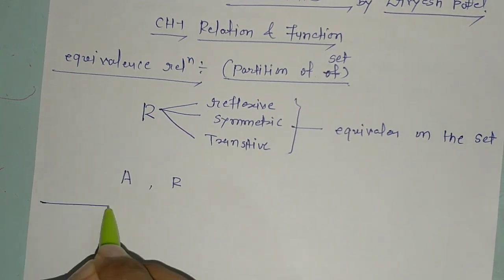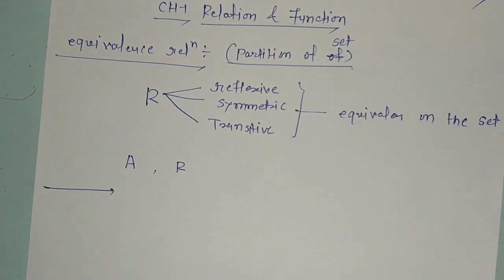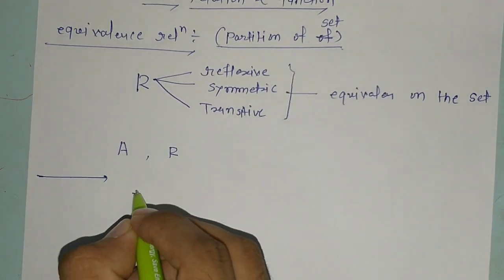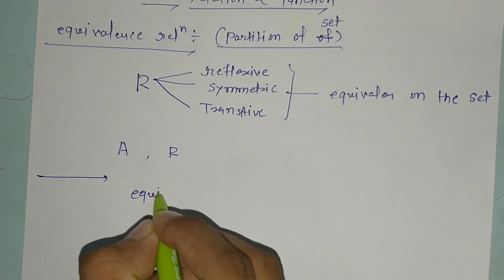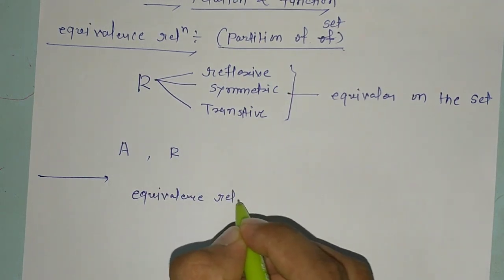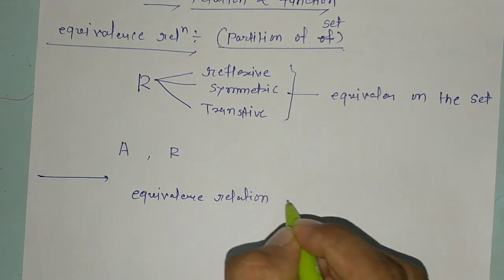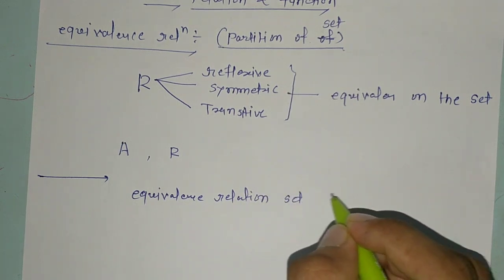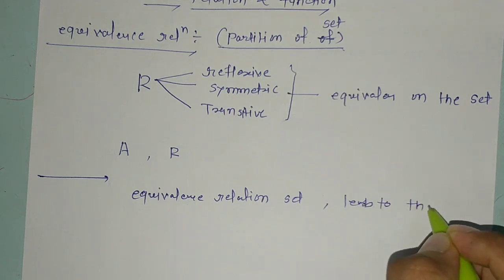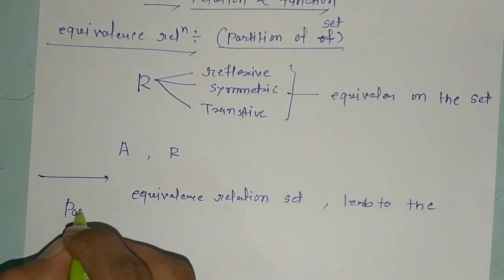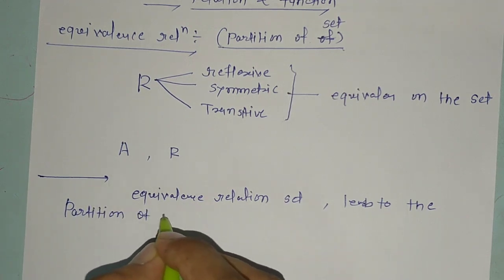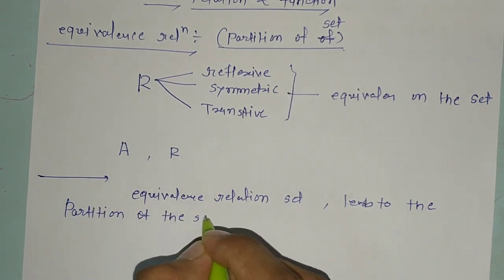Okay, now the next main part of this particular idea: an equivalence relation on a set leads to the partition of the set.